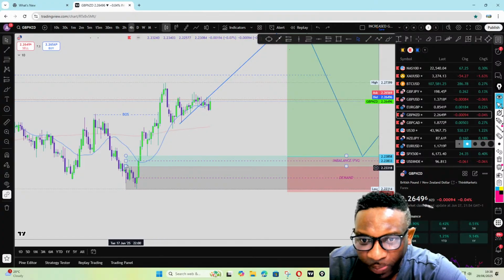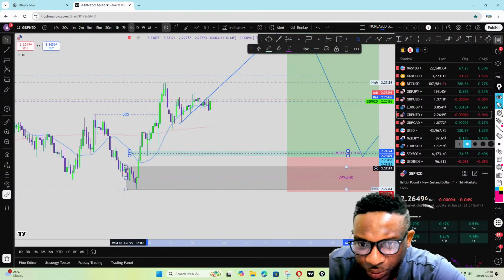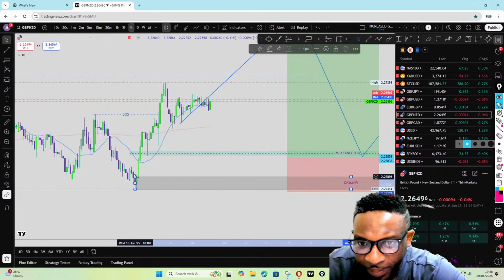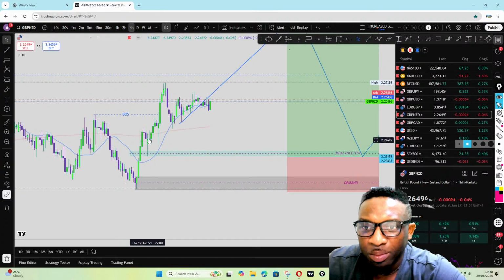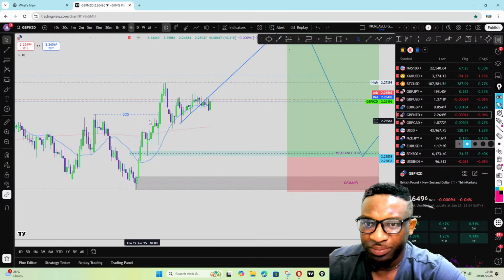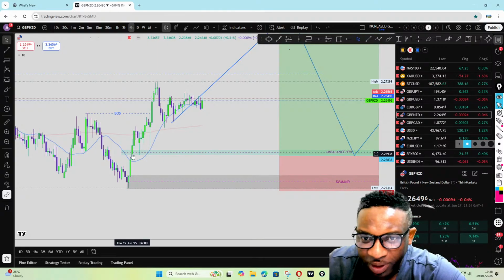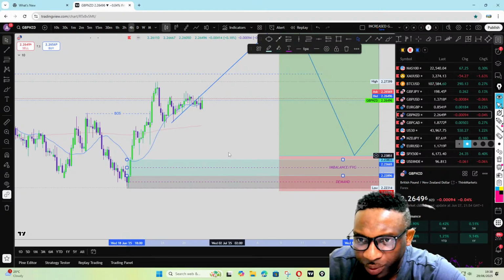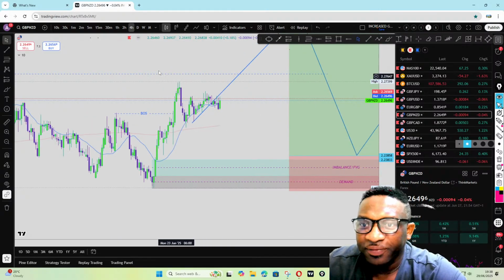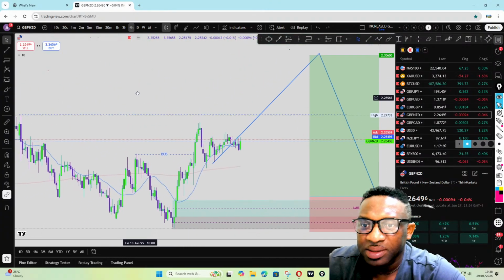On the 4-hour, we will find the demand area to here. We had this last candle before the move that caused the break of structure here. So this now becomes our area of interest, and then the imbalance we have also here. So that's the 4-hour time frame, and then we target.